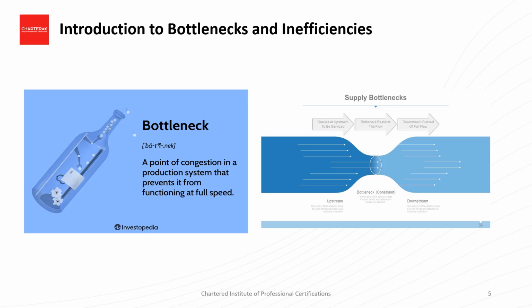For instance, if a transportation bottleneck occurs due to congestion at a port, it can result in delays in receiving raw materials or shipping finished goods. These delays can lead to increased transportation costs, missed delivery deadlines, and dissatisfied customers.